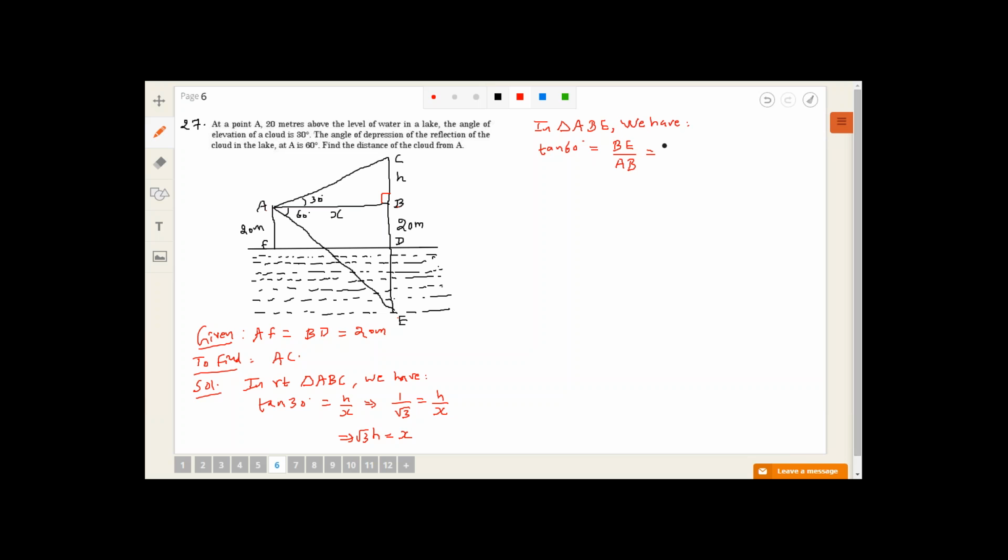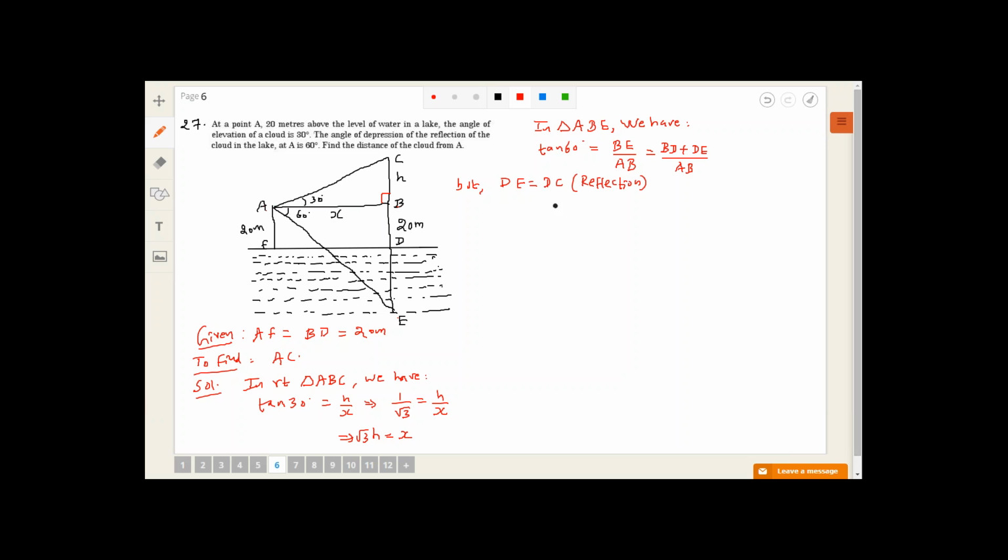Now BE can be written as BD plus DE, that is equal by AB. But DE is equal to DC, which is the reflection.